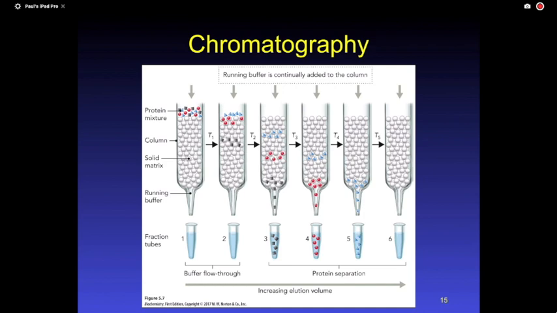Okay? But where do I actually have the interaction that can separate these physical properties? Where is it happening in this model? It's on the matrix. All of that material, you see those little tiny spheres all over here?